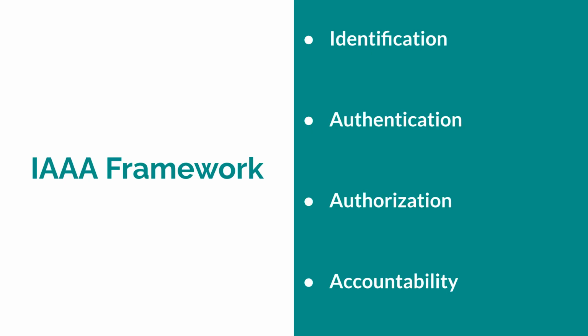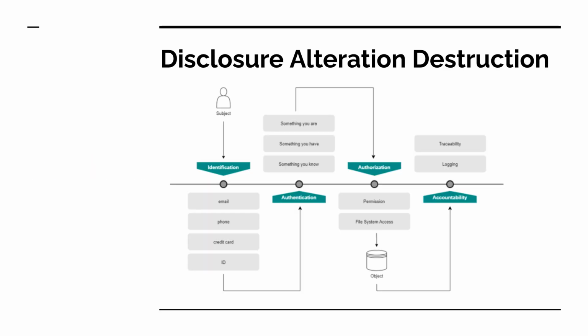This step includes auditing and logging actions taken by users to maintain a record of who accessed what, when, and for what purpose. Accountability helps enforce security policies, investigate incidents, and hold individuals responsible for their actions. Together, these 4 steps, identification, authentication, authorization, and accountability, form the foundation of access control and ensure secure and accountable usage of information systems and resources.